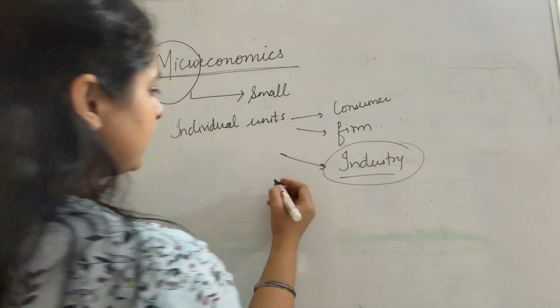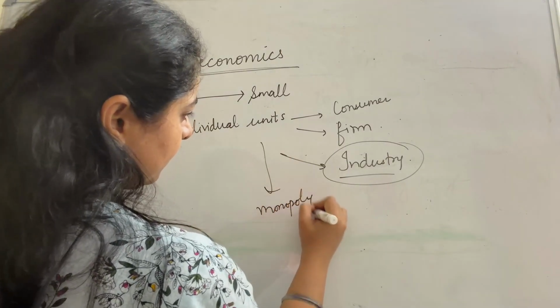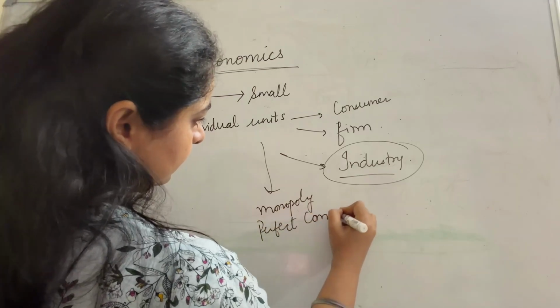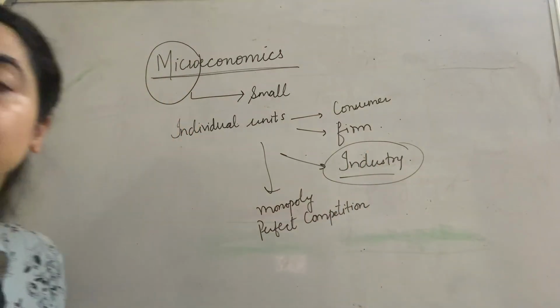Different market forms like monopoly, monopolistic, perfect competition. All these are studied under microeconomics.